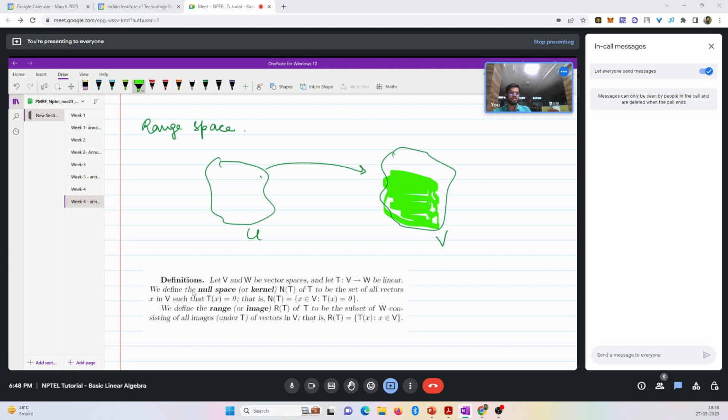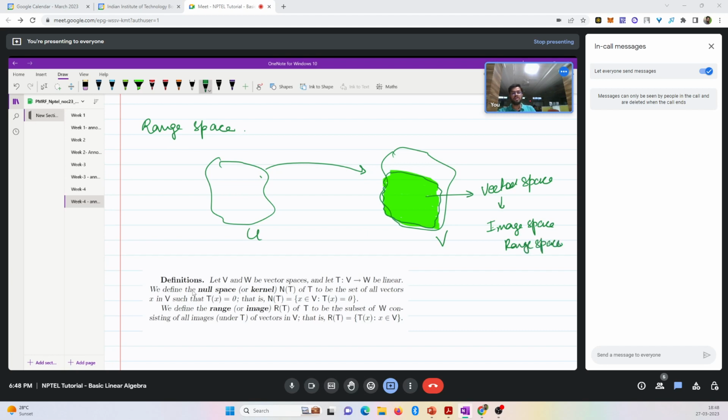It can be the case when all of your V is occupied, but it is not necessary that all of V is occupied. So the portion of V that gets occupied in case of a linear transformation also forms a vector space. Whatever image space you get or the range that you get in the codomain, that is also a vector space, and that particular vector space is called the image space or the range space.